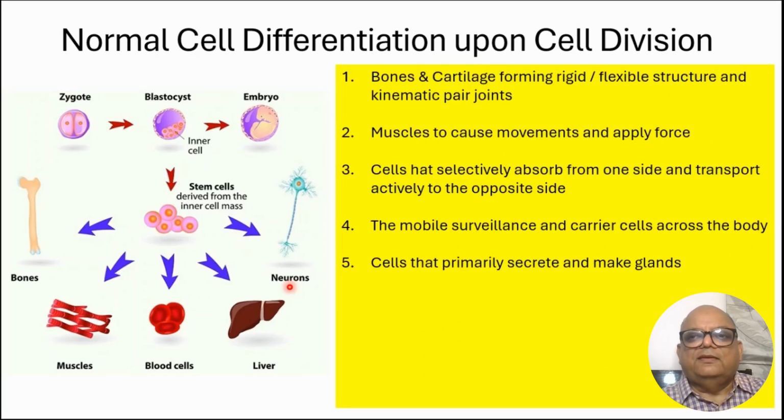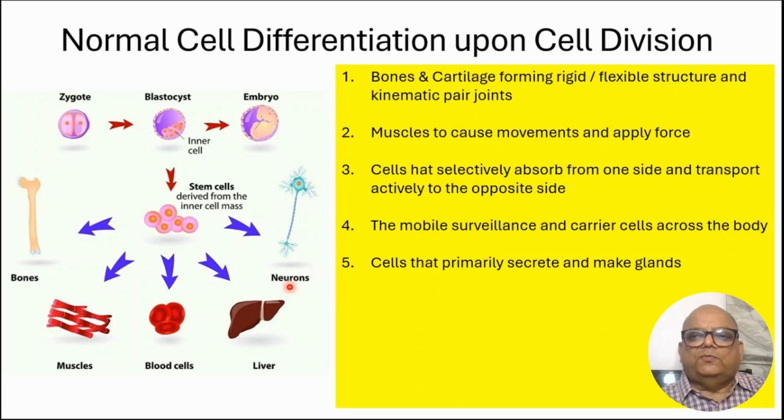Then there are cells which are primarily meant to secrete, and they make all kinds of glands. In this talk, we are not going to describe the organs particularly, nor go into details of all the glands. We are just discussing several different kinds of distinct tissues and what specialties they would have in their functioning. So we are restricting today's talk up to there.